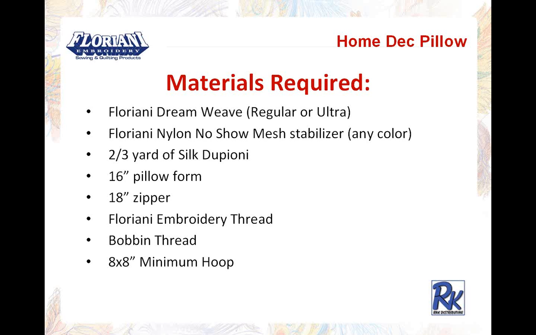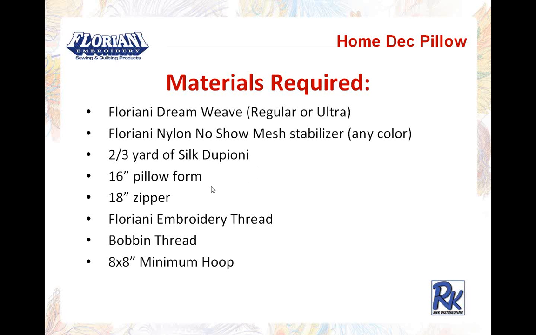You're also going to need some Floriani Nylon No-Show Mesh Stabilizer. There's our stitch stabilizer. You can do it in any color you want because it's not going to show. So any color you have will work. And you probably want to use the non-fusible version for this particular project. You're going to need 2/3 of a yard of silk dupioni for the pillow front and back.